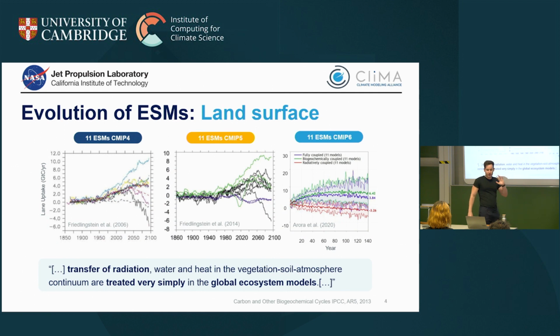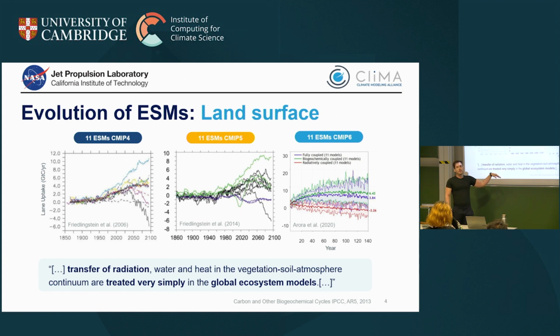So I just want to show this image here showing the land uptake simulated by 11 Earth system models in the past 3 CMIP exercises. We can see from pre-industrial times to the end of the century that individual members disagree substantially, not only in the sign, but also the magnitude of the land uptake by the end of the century.